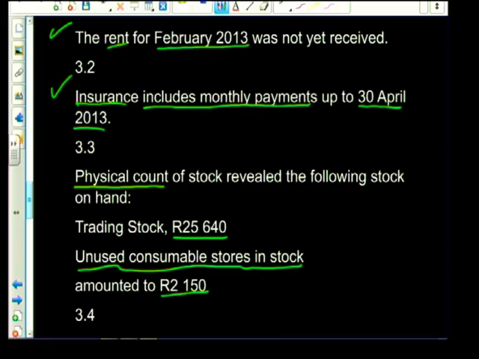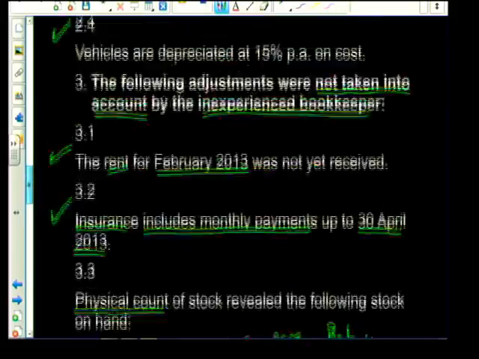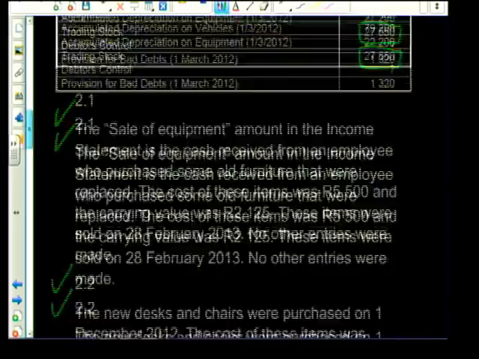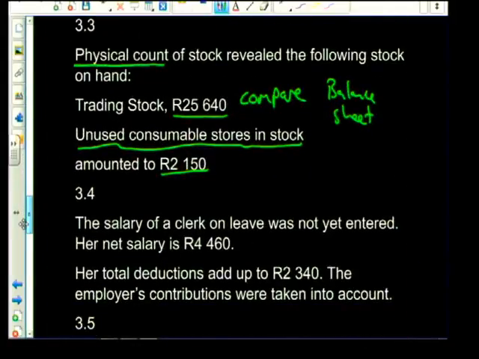But if I look at my trading stock, it is 25,640. What you now need to do is compare this to the number in the balance sheet. So if we go up to the balance sheet, we will see that the number in the balance sheet for trading stock was 27,550. So let's write that down here so we can compare the two numbers. The balance sheet figure was 27,550.